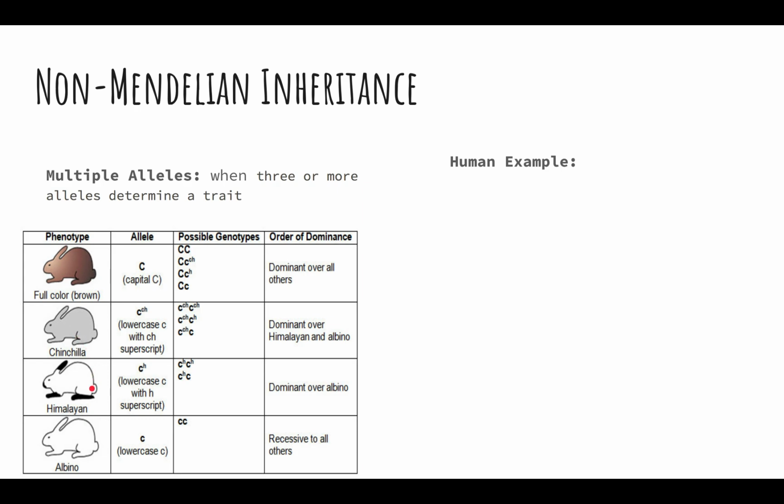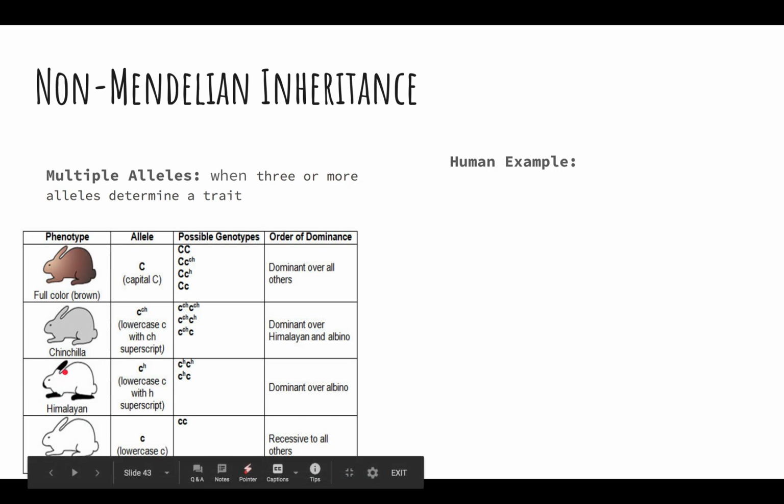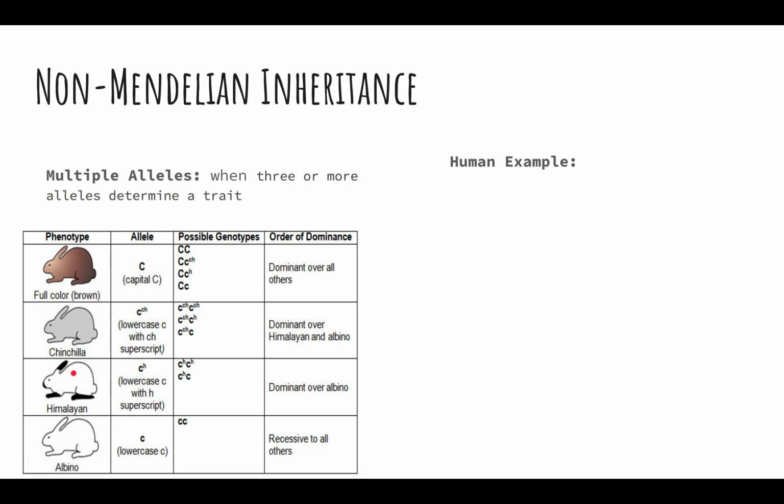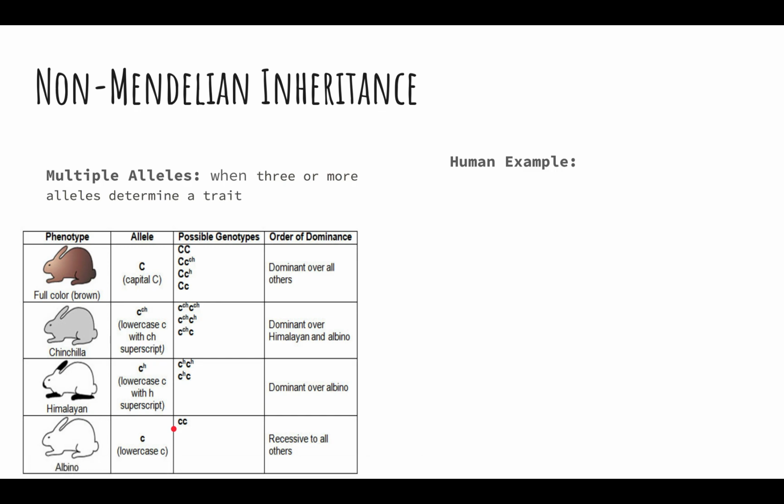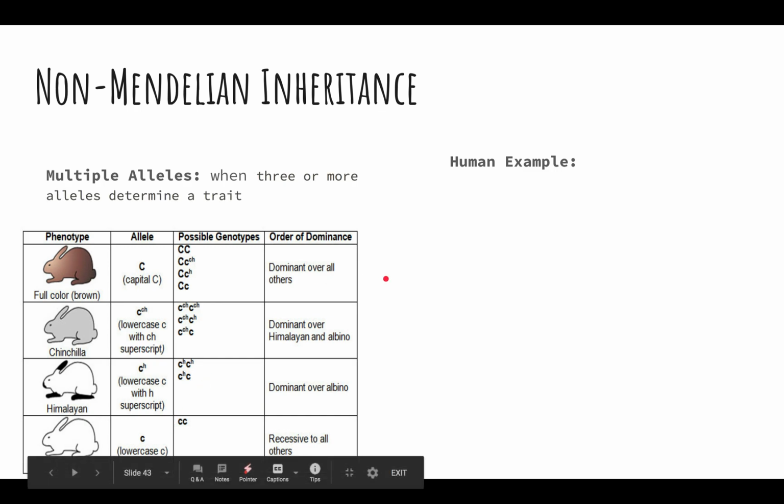And then this one, which has a little bit of white but black legs and black ears, they call it a Himalayan, is dominant over the other third recessive type, which is albino. And the only possibility for having the albino rabbit is if it gets both little c's without the superscripts. Whew, that's a lot of letters.